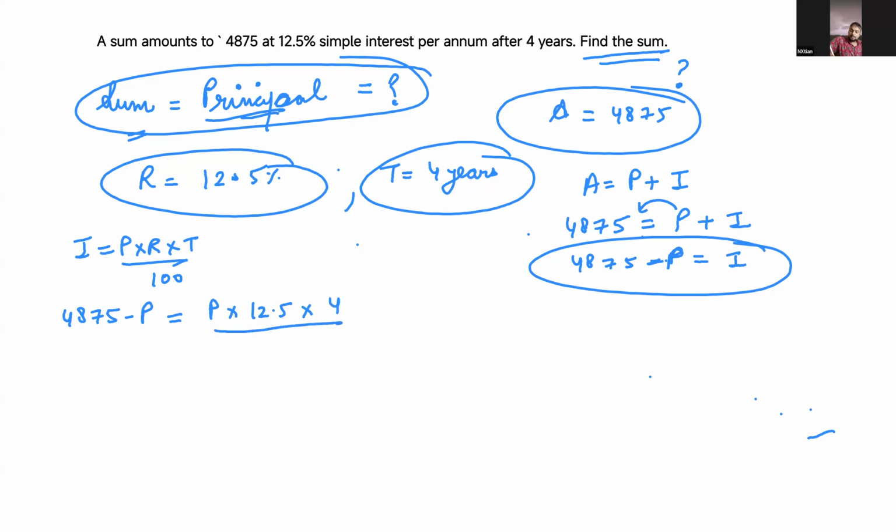Time is 4, upon 100. Understood, guys? Yes or no? Now we have to solve it to find the value of P. Now after this, only maths is applicable. Understood, Jehovah?